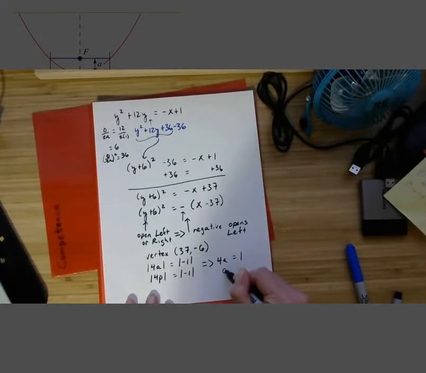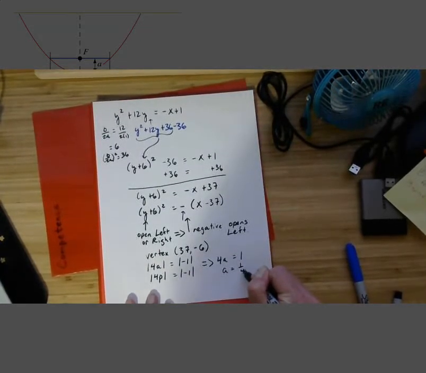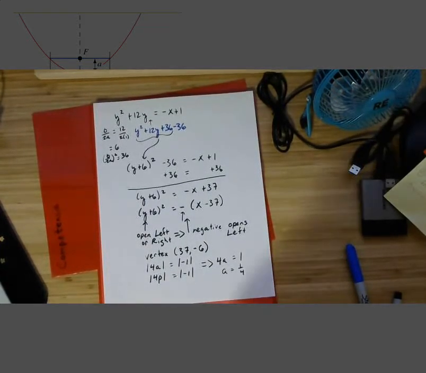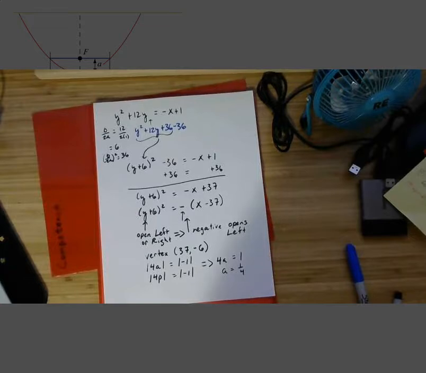That means that A is 1/4. That means that the vertex and the focus are extremely close together, and they're also extremely close to the directrix. From the focus to the vertex is 1/4. From the vertex to the directrix line is 1/4.